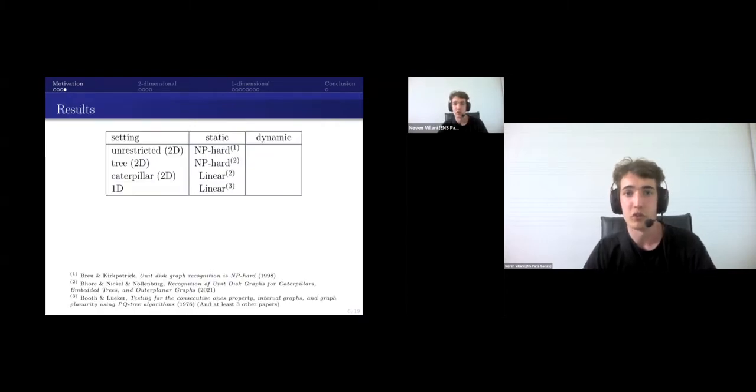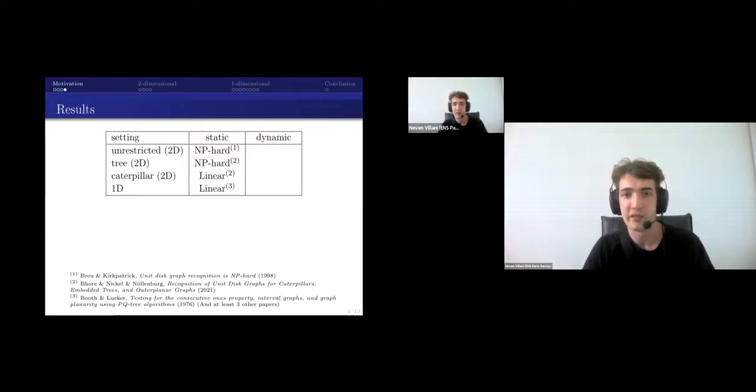Here are some known results in the static case. In particular, the unrestricted problem being NP-hard means we can't expect better than that in the dynamic setting. But there are essentially two tractability results in the static case. One is for caterpillars, and the other one is when the vertices are limited to being embedded into a single dimension.